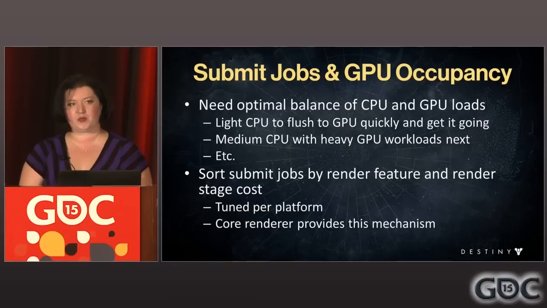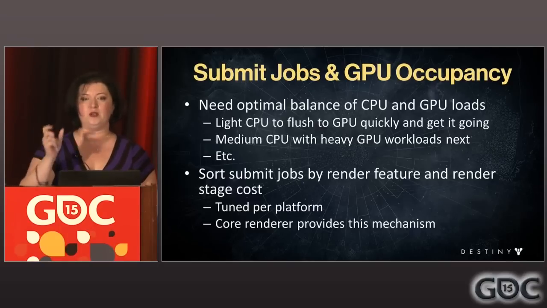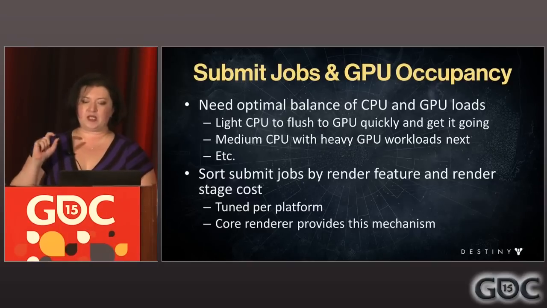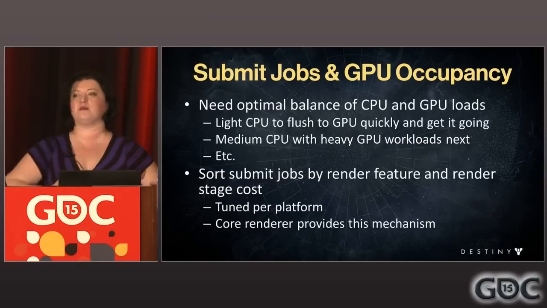So in our case, we allow the features and render stages to supply a cost metric, essentially mapping to the cost on CPU and GPU. And then we sort by that cost metric for the conversion of the submit jobs.